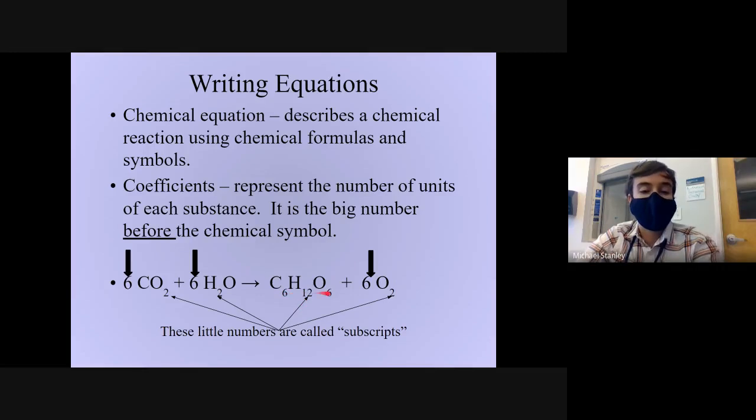They're just part of the molecule. They're going to stay the exact same all the time. It's only these big numbers, these coefficients, that we can change and adjust if need be.